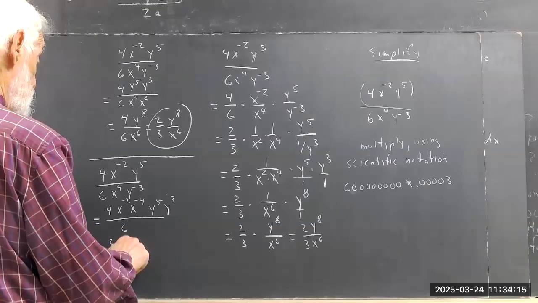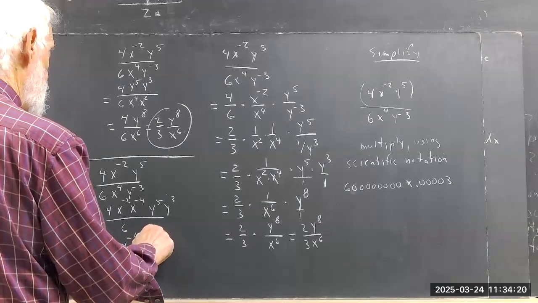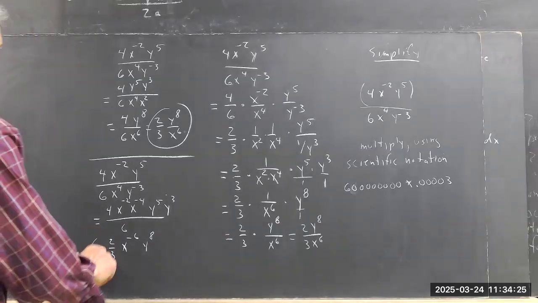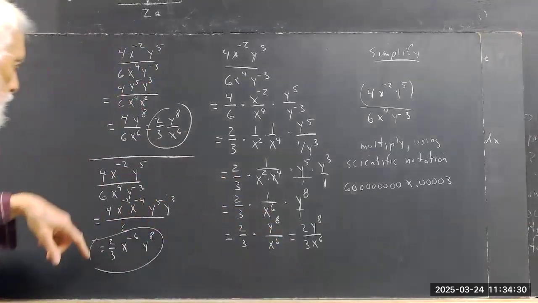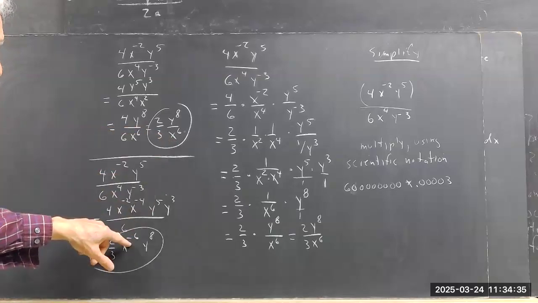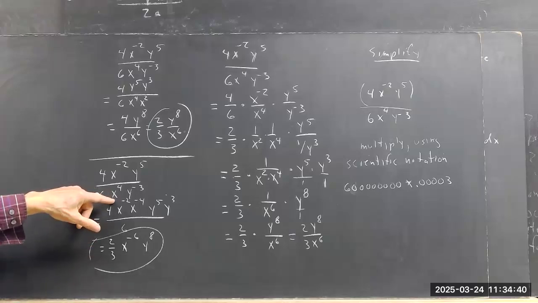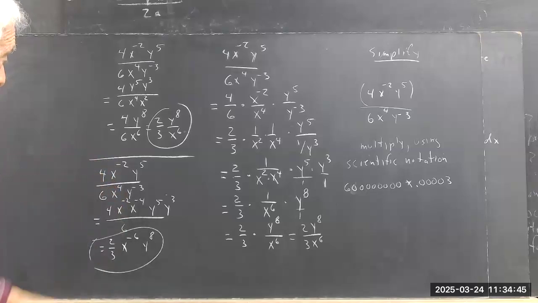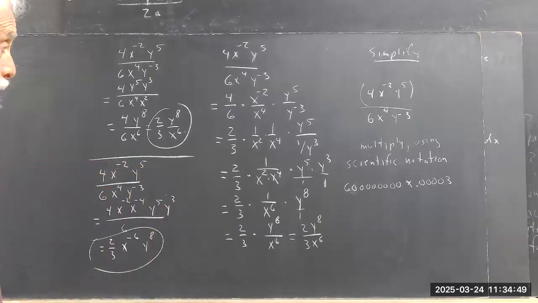And that's 2/3 x to the negative sixth. And you see that this is the same as this or this. Your x to the sixth in the denominator would become an x to the negative sixth in the numerator. And the way we got to that is the x to the fourth in the denominator becomes an x to the negative fourth in the numerator, and the y to the negative third in the denominator, of course, becomes the y to the third in the numerator.